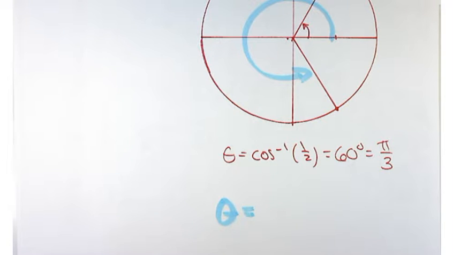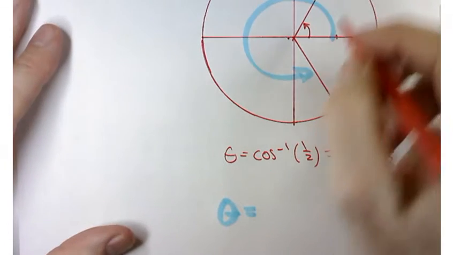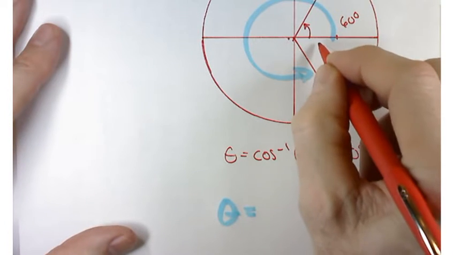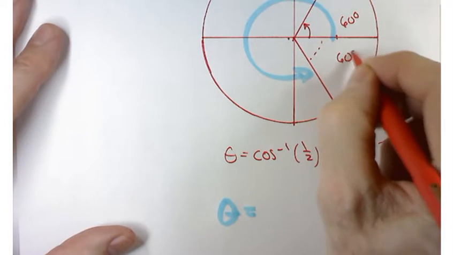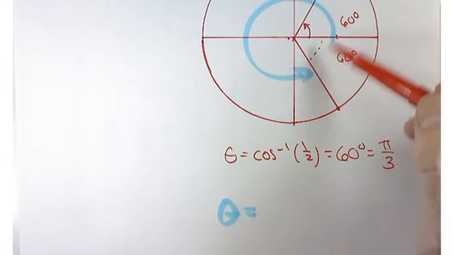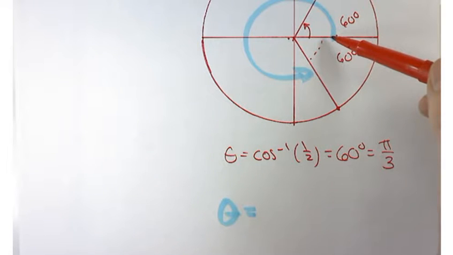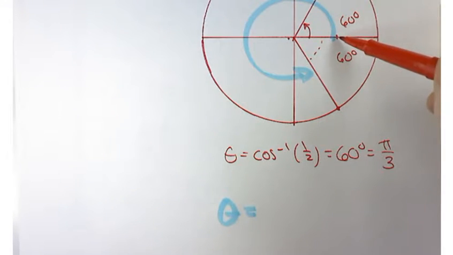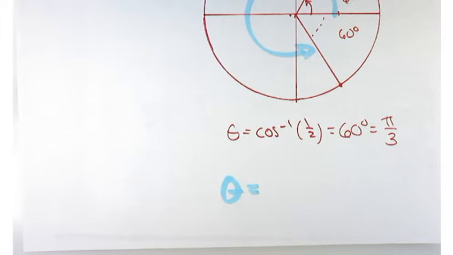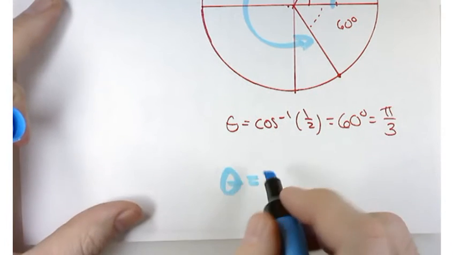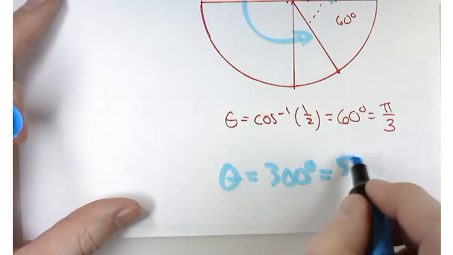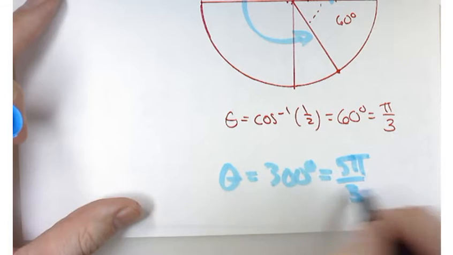Well done. All right, so a couple ways to think of it. If we know this is a 60-degree angle, then this is a 60-degree angle this way. But that's a negative angle. To get it this way, you can think of it as 360 all the way around minus 60. So the other possibility here is a 300-degree angle. And I think I heard at least one voice say that that was 5 pi over 3.